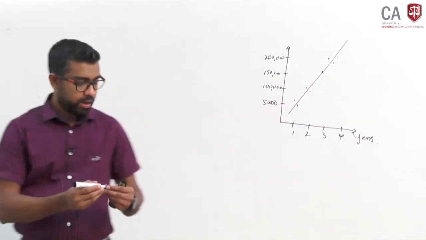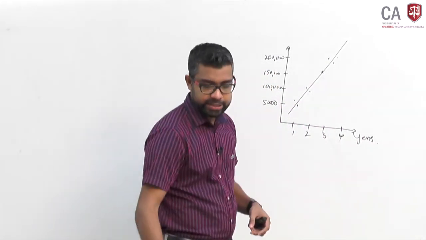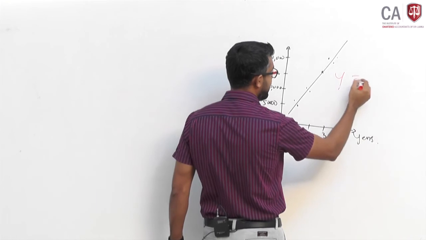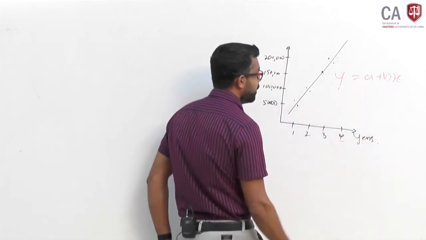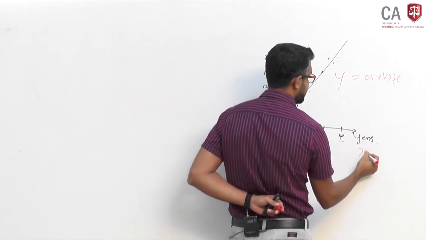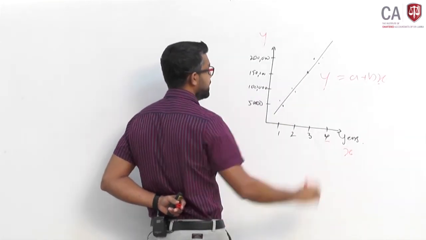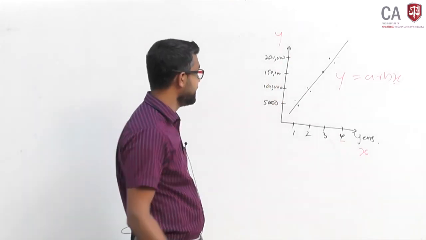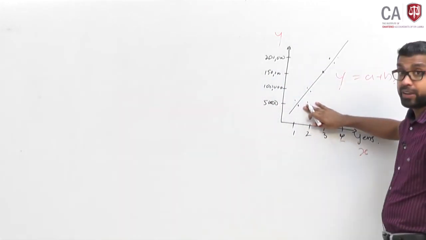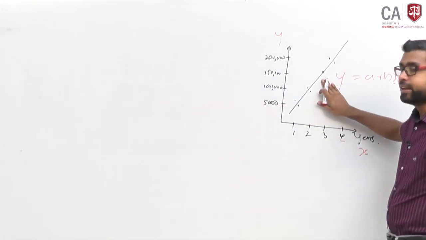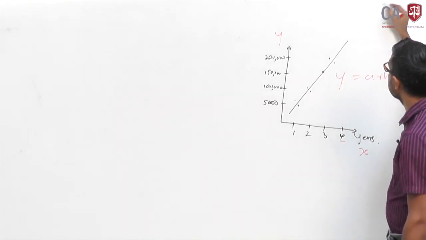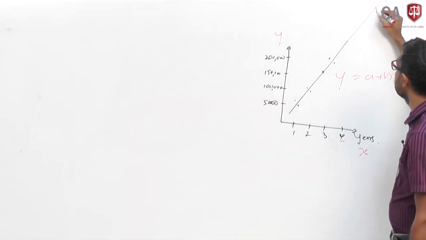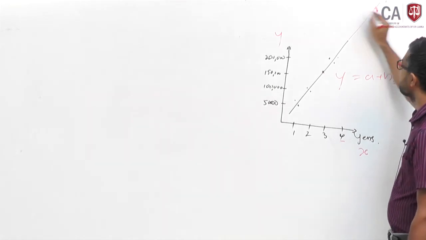Now based on this regression line, we know x and y. y equals a plus bx, where x is years and y is output. Now you want to calculate the sales at the end of the 10th year. Let's say it is not a perfect positive correlation, but a high degree of correlation coefficient, and the line goes somewhere here, at the 10th year around here.